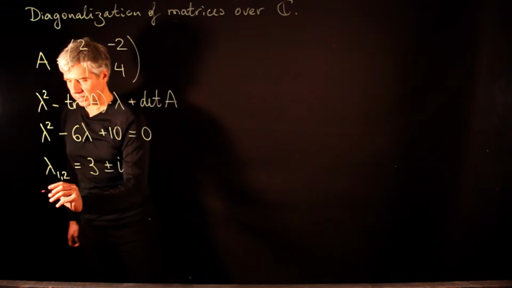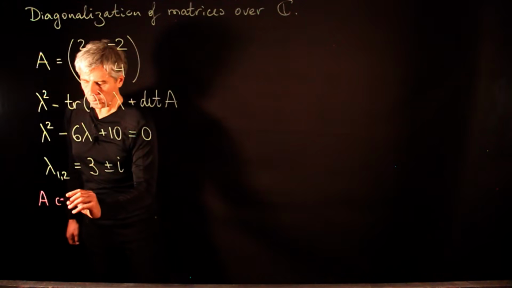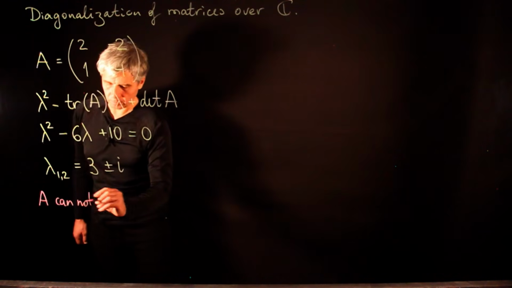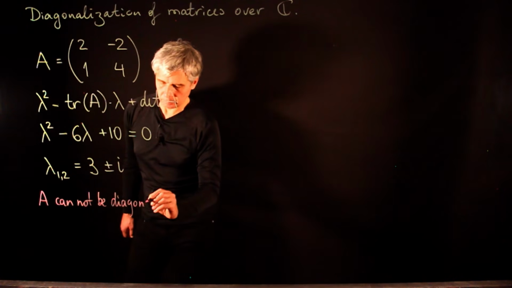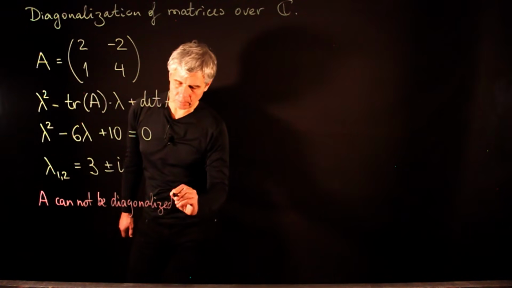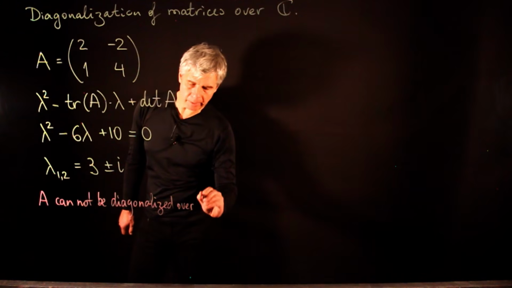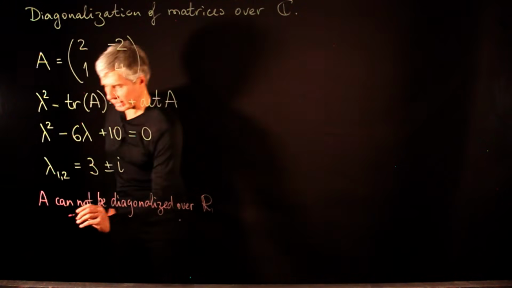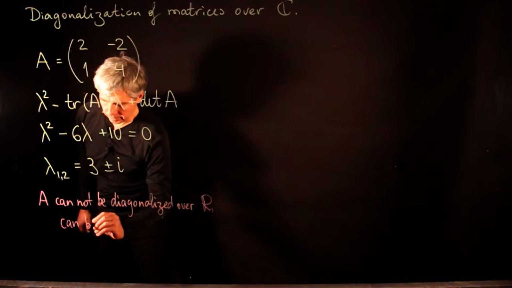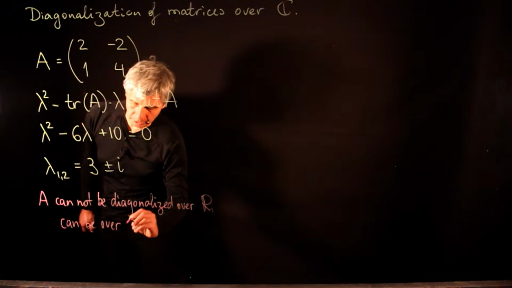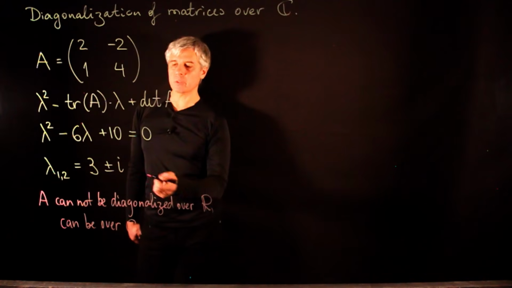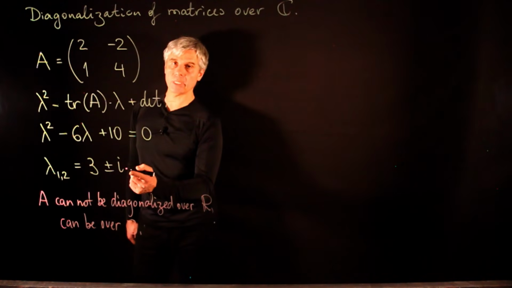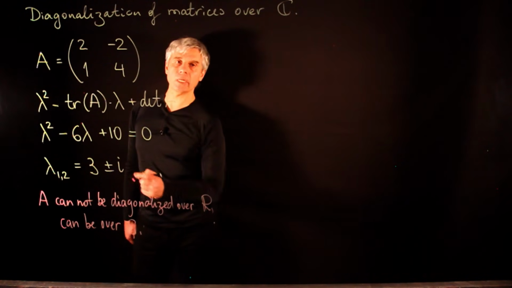So this tells us that A cannot be diagonalized over real numbers, but can be diagonalized over complex numbers. In order to diagonalize a matrix over real numbers, we need to have real eigenvalues. And here, the eigenvalues are not real.